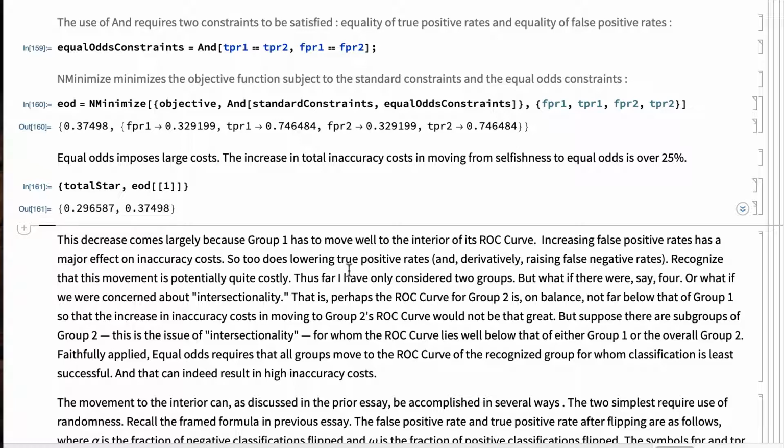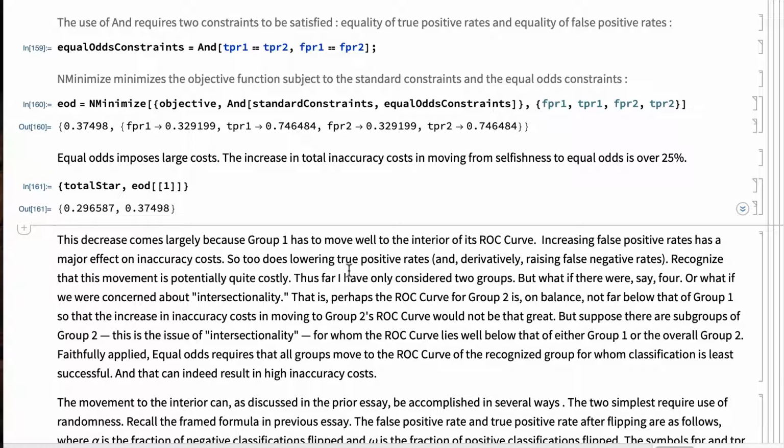That is, perhaps the ROC curve for group 2, maybe on balance, isn't too far below that of group 1, so that moving down to the group 2 ROC curve wouldn't be so great. But you could imagine a situation in which really group 2 is a composite. There's sort of group 2A, where the ROC curve is okay, but group 2B, where it's really rotten.